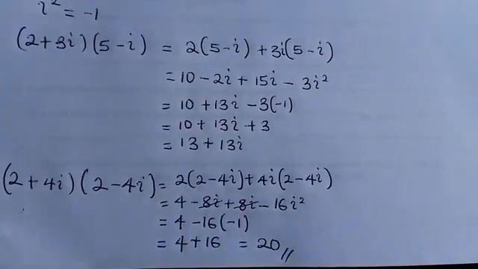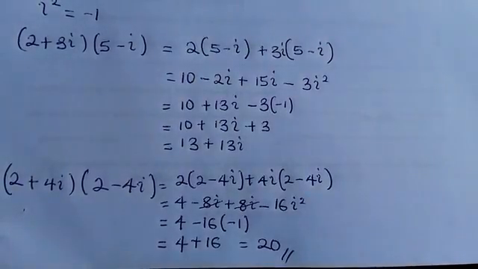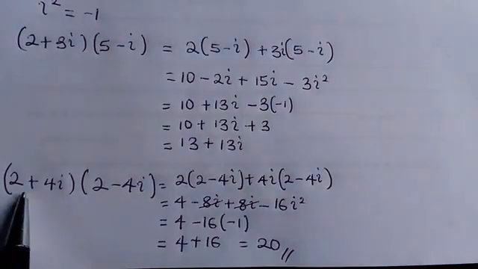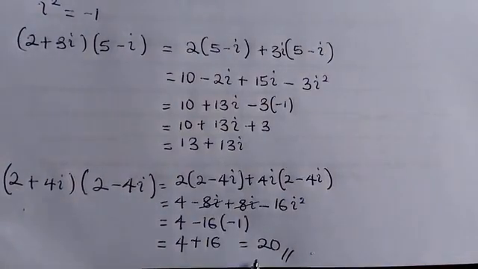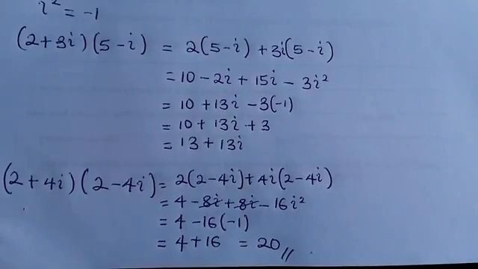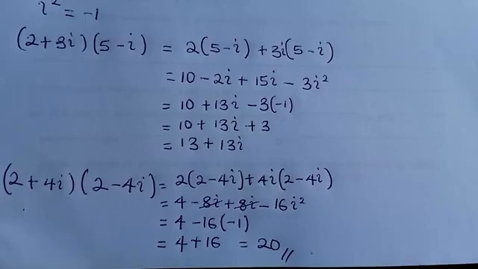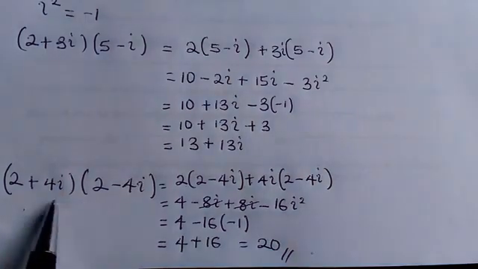One thing for us to note here is the fact that the product of this complex number and this complex number is a real number. That is, the product is real. And that is because of the form of this complex number.